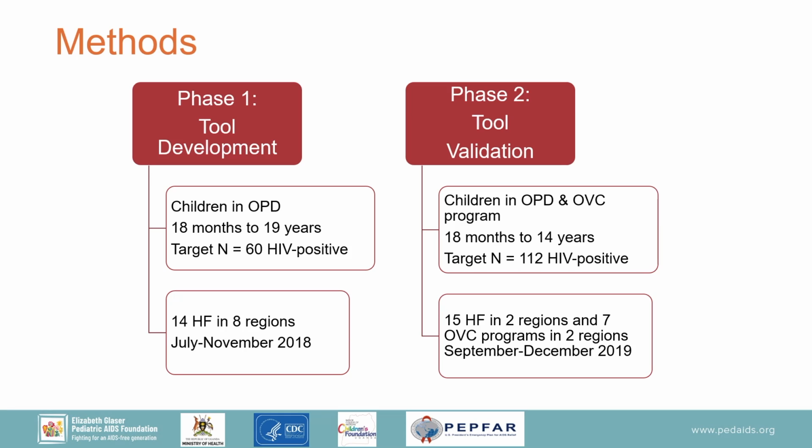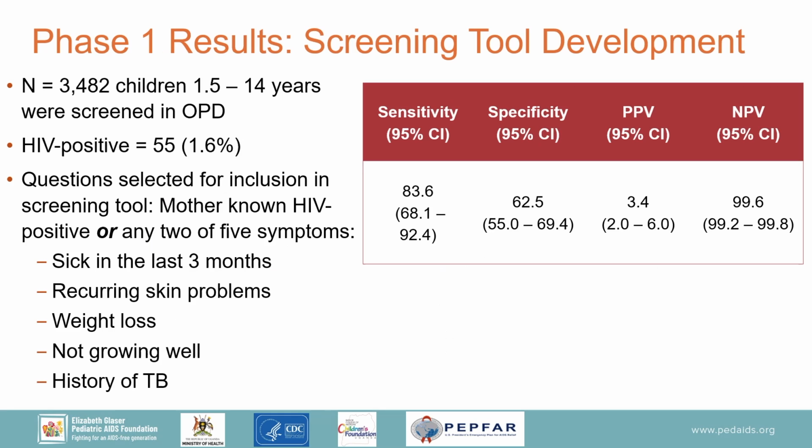And in phase 2, we targeted to enroll 112 HIV-positive children. We screened and tested a total of 3,482 children between 1.5 and 14 years old. 55 children tested positive.